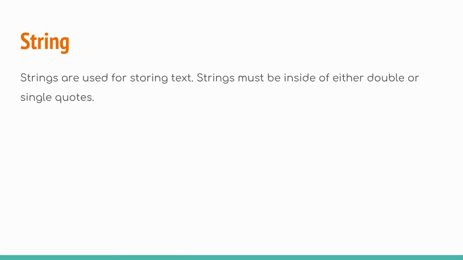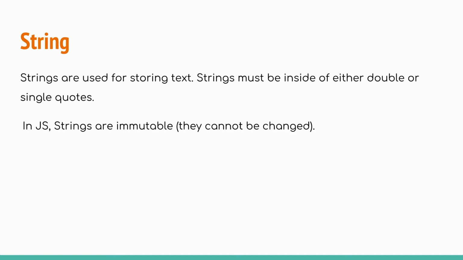Strings, as I said earlier, are used for storing text, written either with single quotes or with double quotes. And one important thing to keep in mind is that in JavaScript, strings are immutable. That means that they cannot be changed. Now, as I said, string is a very important data type. We'll dedicate an entire lesson or a number of lessons to it later in this series.